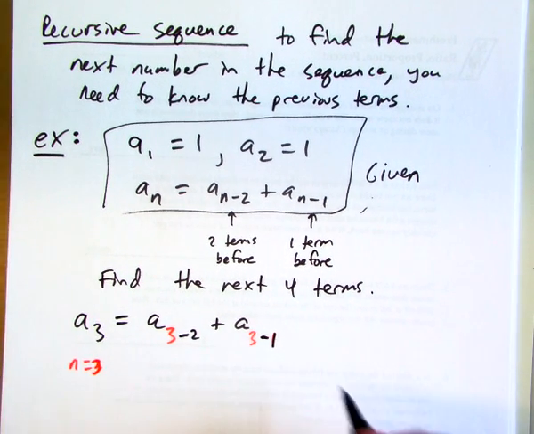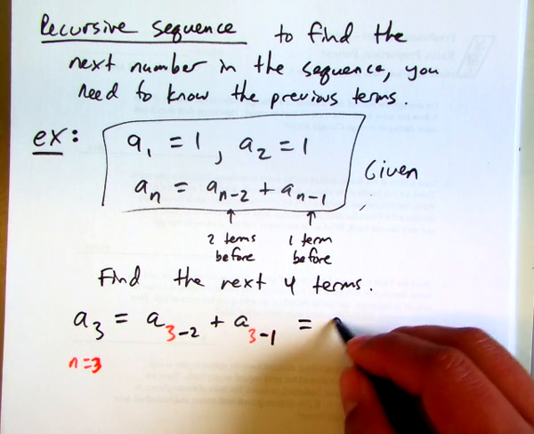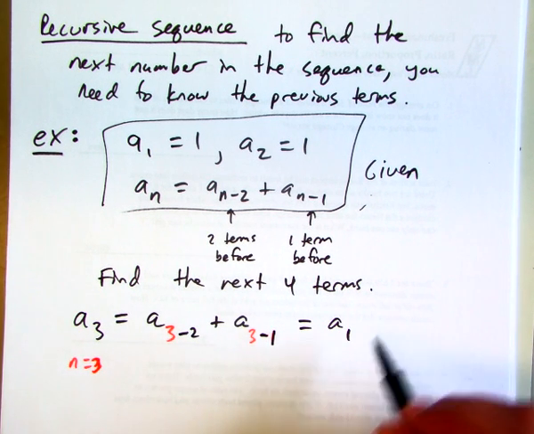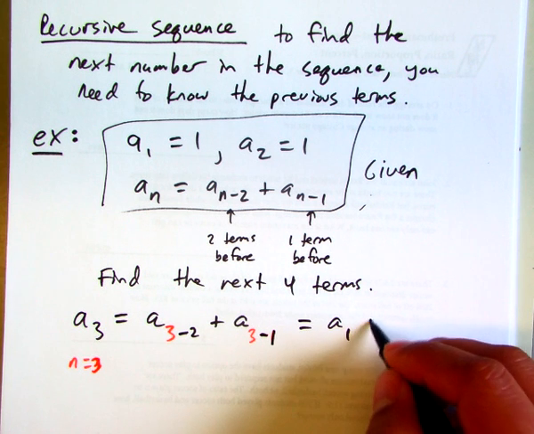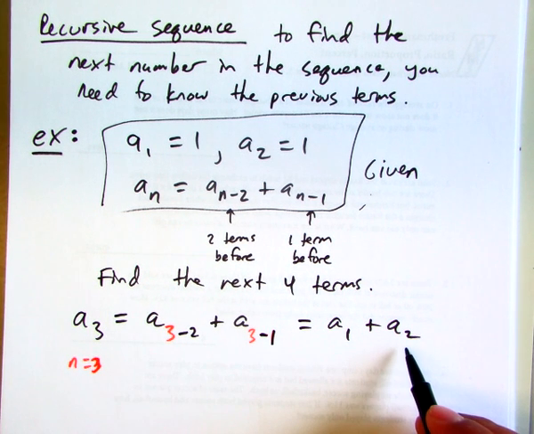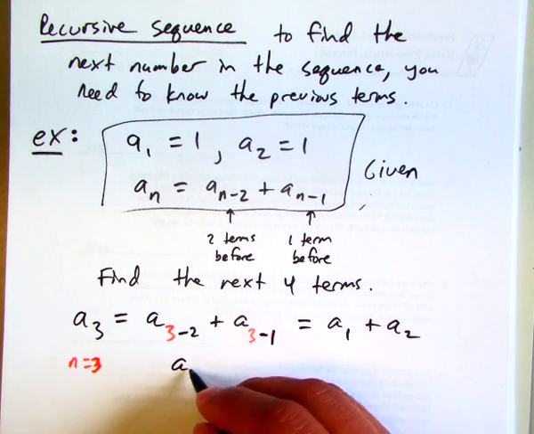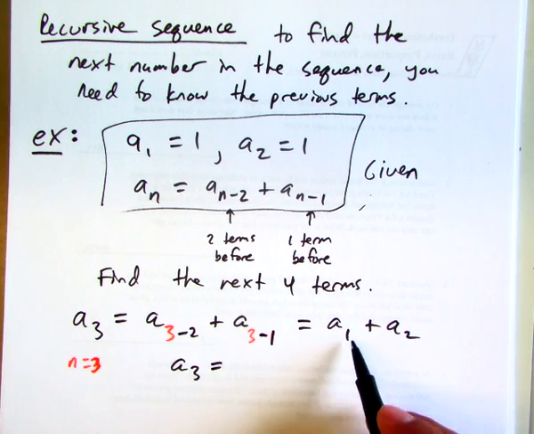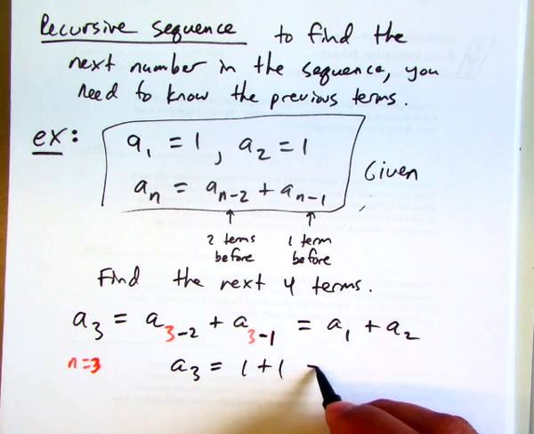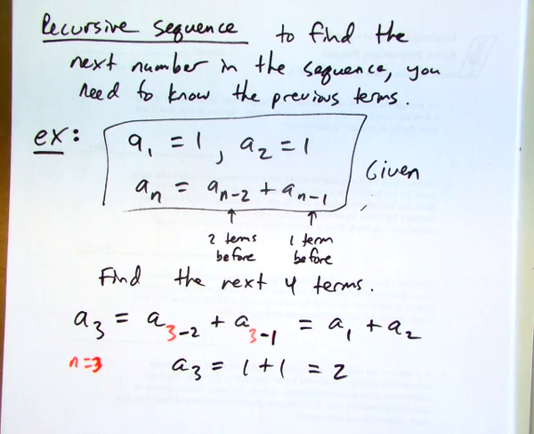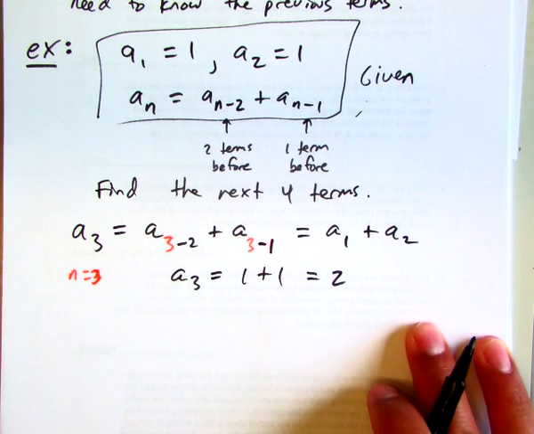If I want to simplify that, this just means to look at the first term and the second term. Well, we know what those two terms are. I just plug in 1 and 1, add them up, and you get 2 for the third term. You can keep this going.